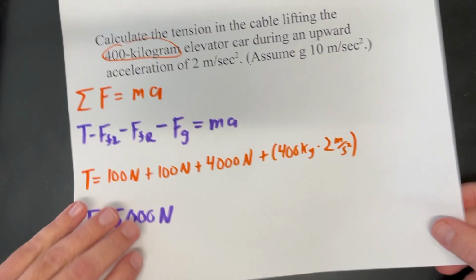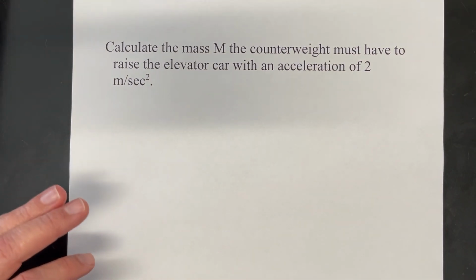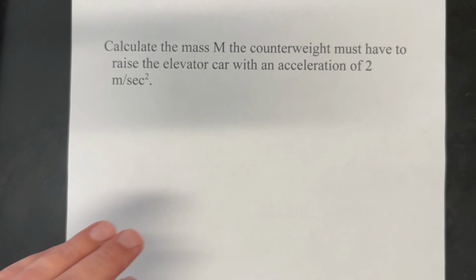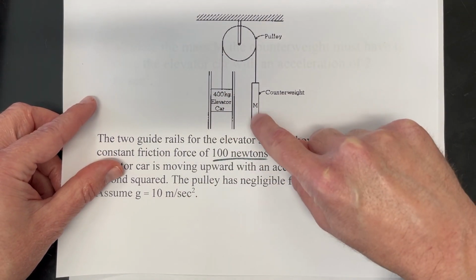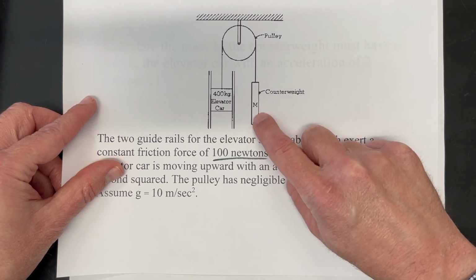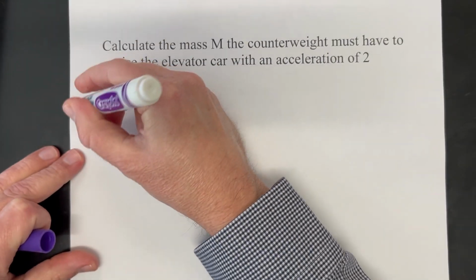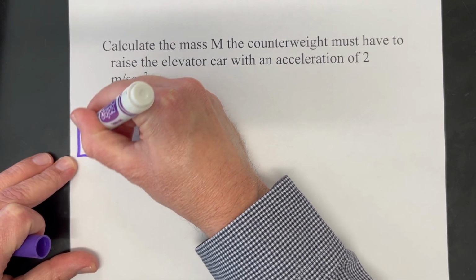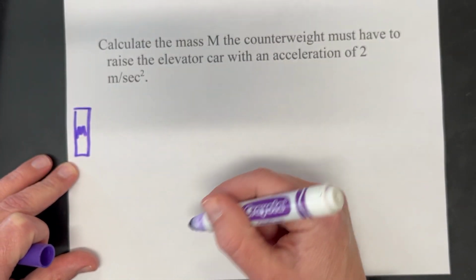So now, next thing we've got to do is calculate the mass, capital M, of the counterweight. If we go back and look at this picture, we've got this elevator car here, but then this lifting force is being supplied by this counterweight of mass M, and that's what we're going to try and find. So let's draw it from the viewpoint of that counterweight. We've got this counterweight of mass, capital M, and what are the forces on it?